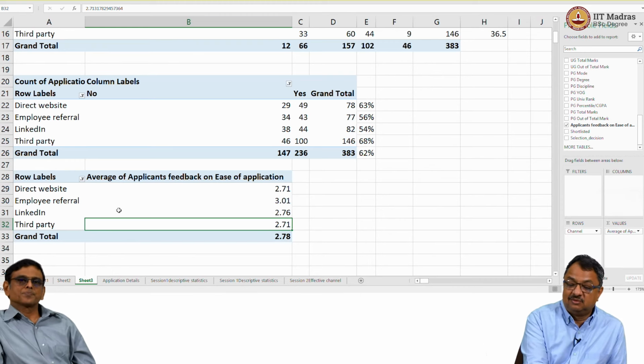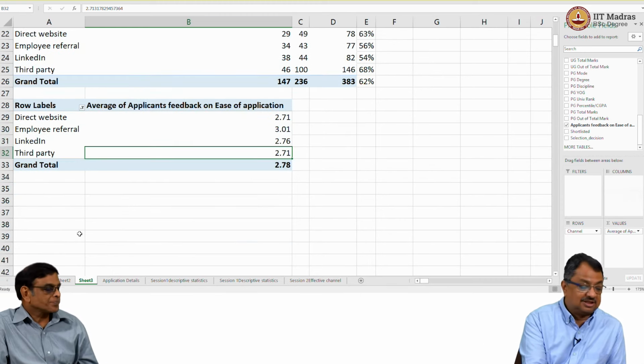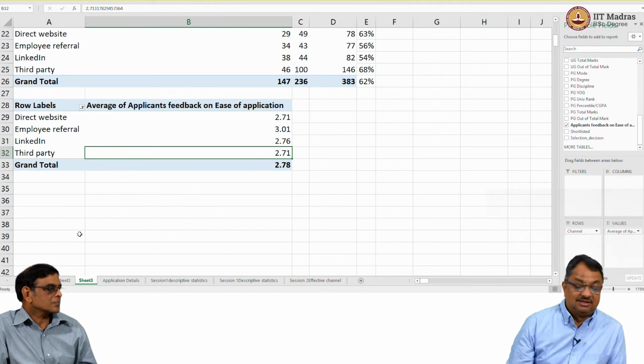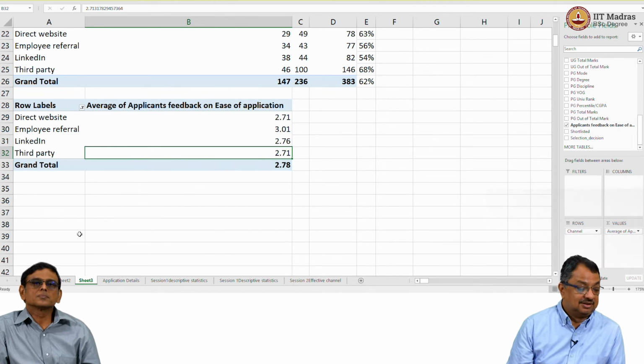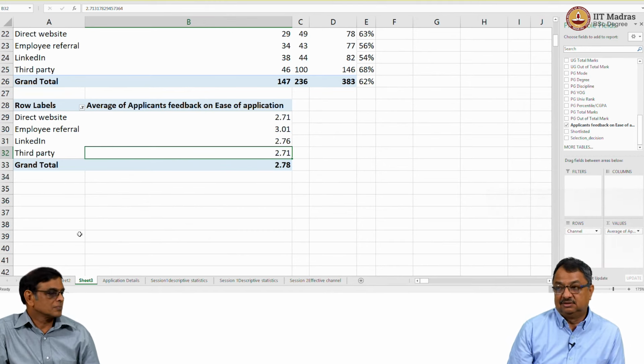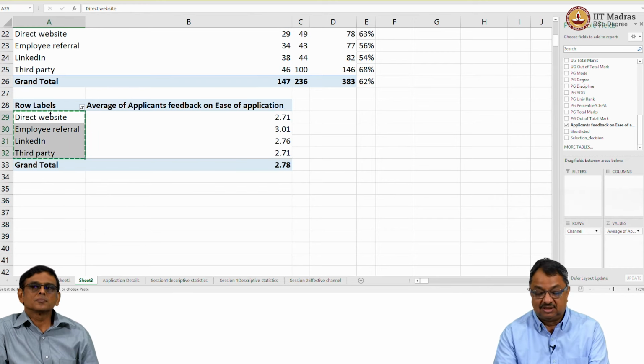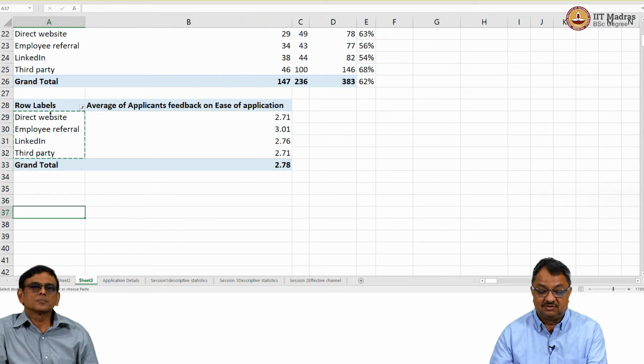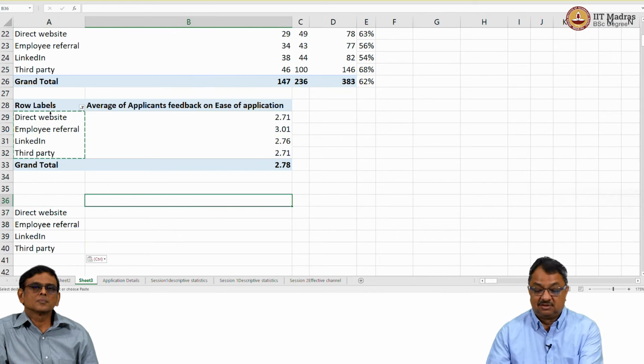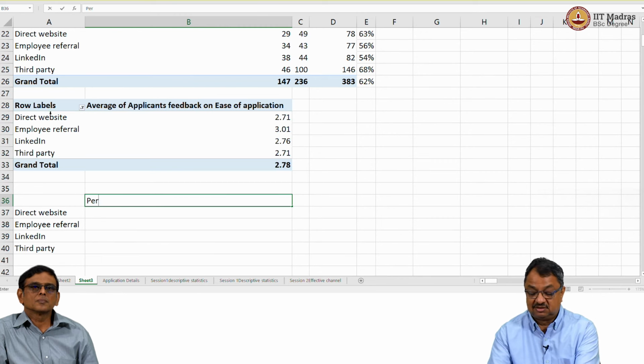And now all we need to do is once again do the same thing that we did in terms of normalizing, right? So let's collect all this data in one place. We will say this. And what was the first thing we said? Percentage of applications.